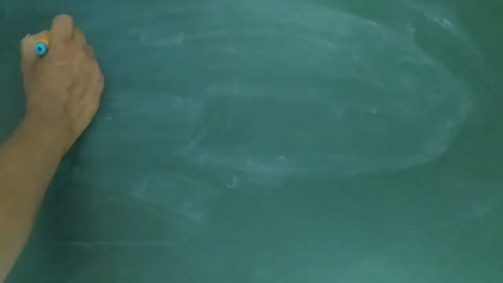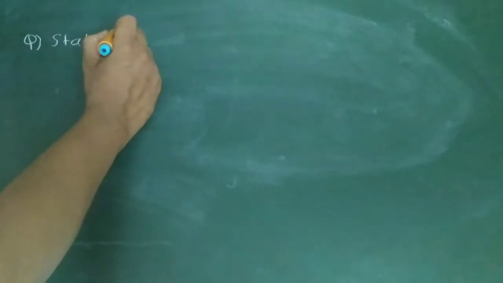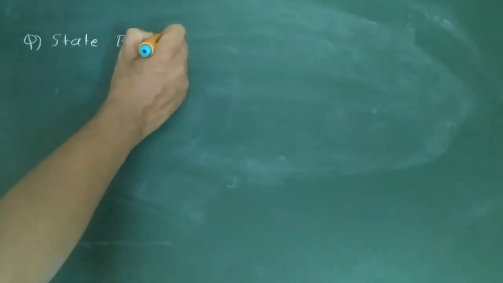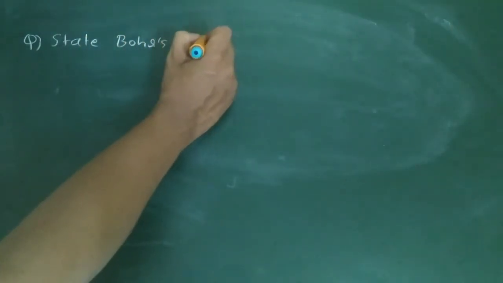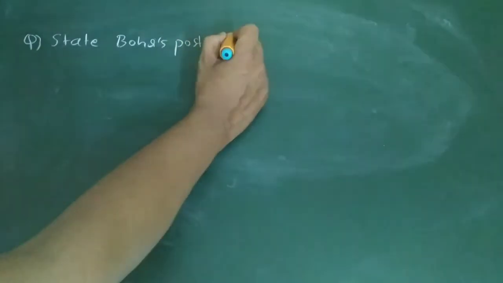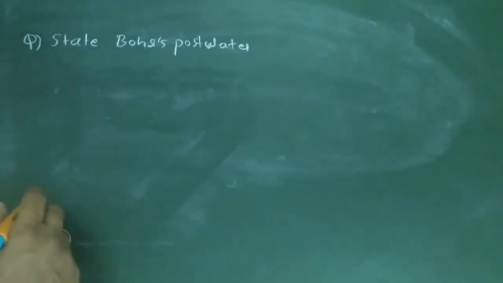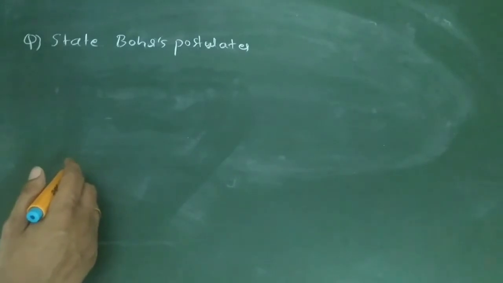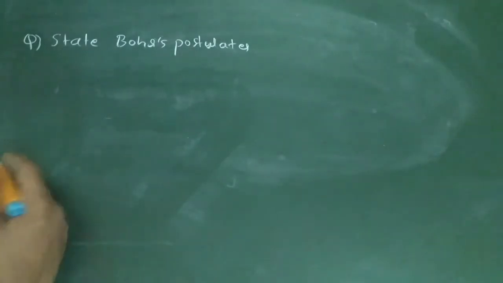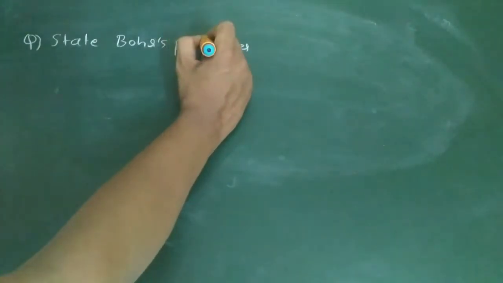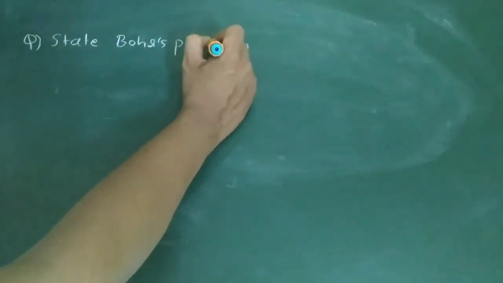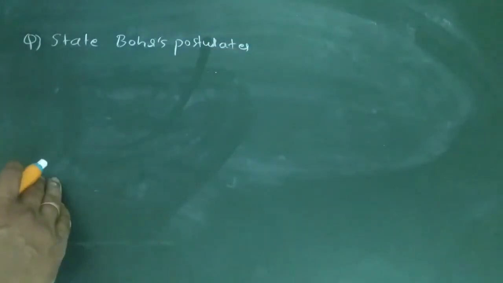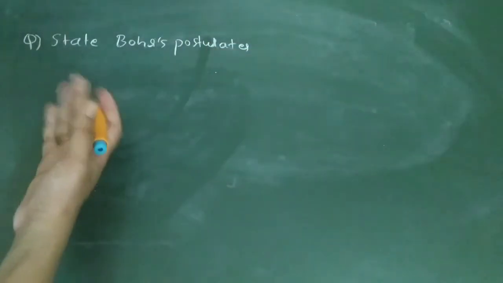I believe they can ask a very simple question: state Bohr's postulates, then mention the formula for the radius of the nth orbit or the energy of the nth orbit. Like this they can ask the question. Don't think that the same question will be asked from the model question paper, but for our safety I have solved the questions from the model question paper. They can ask this one for 5 marks.